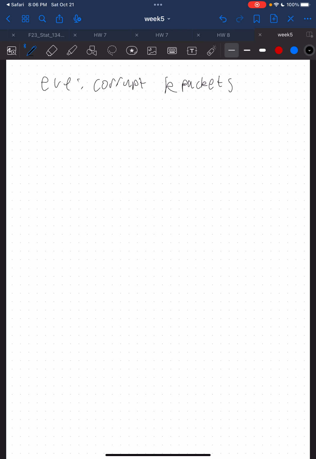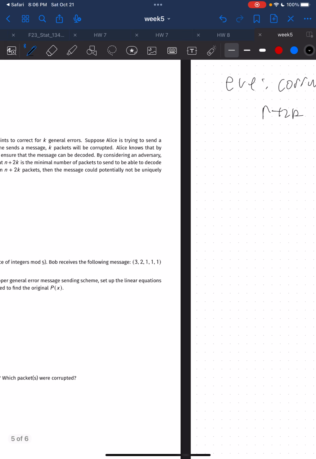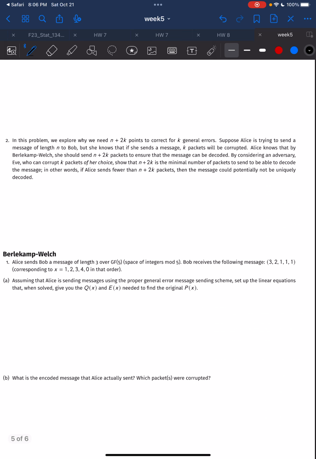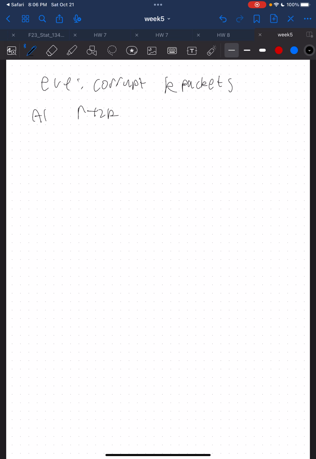And we're trying to say that in order to account for this, in order to determine a unique polynomial, we have to have n plus 2k packets that Alice has to send in order for Bob to decode.